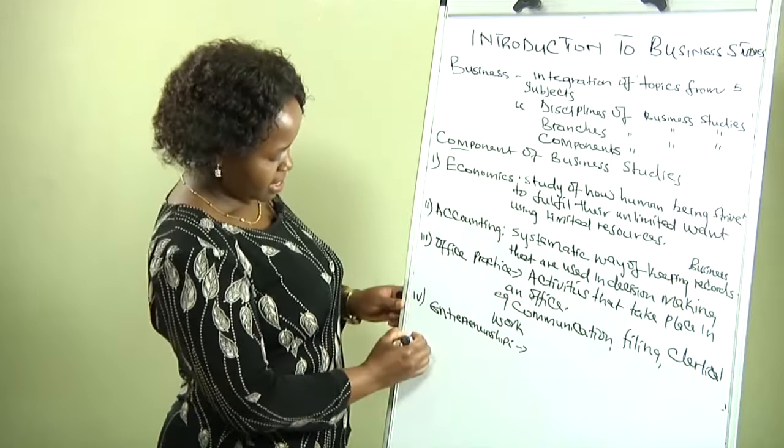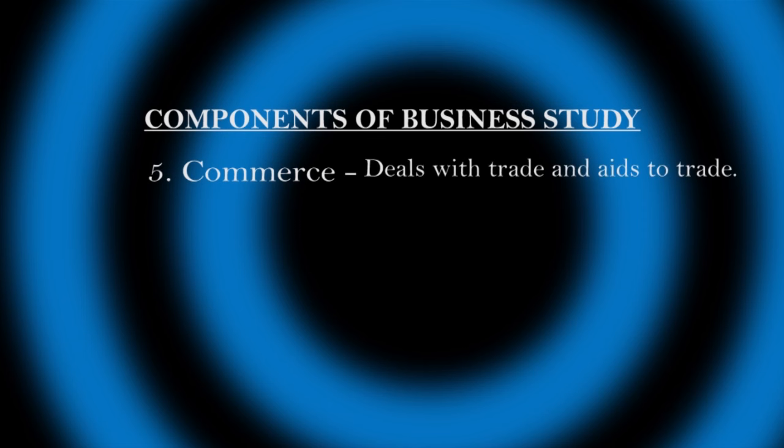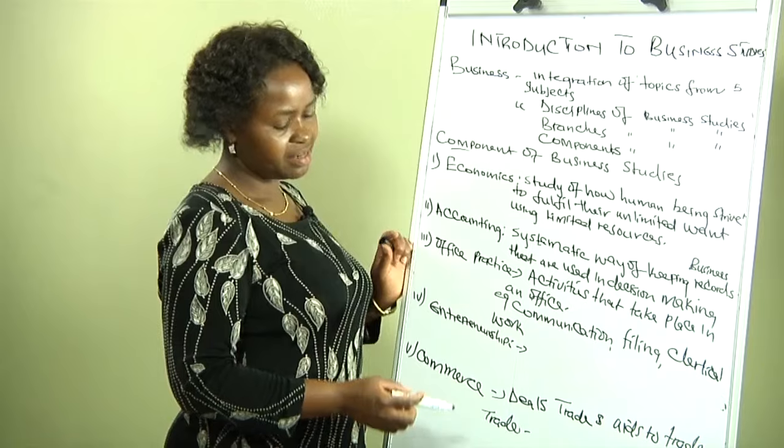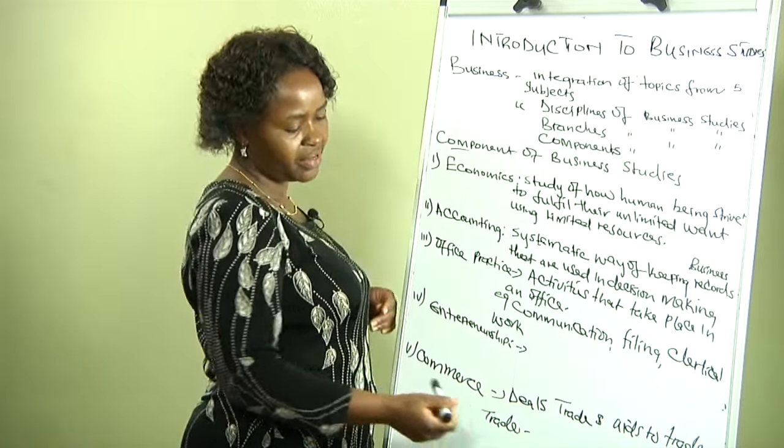Then we have commerce. So this is another branch of business studies that deals with trade and aids to trade. So what is trade? Trade is simply the engagement in buying and the selling of goods in order to make profit.